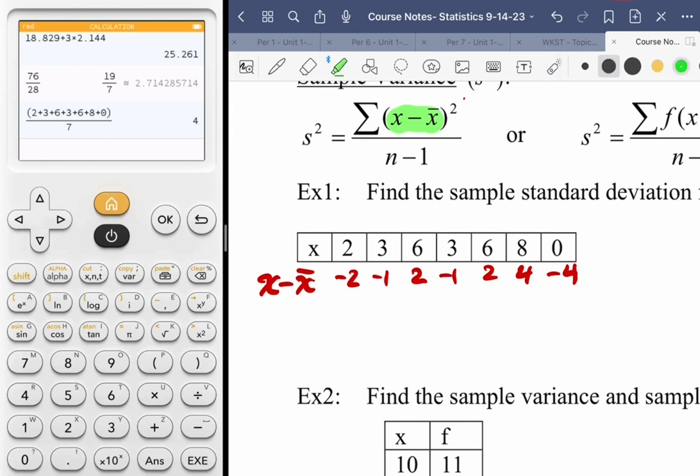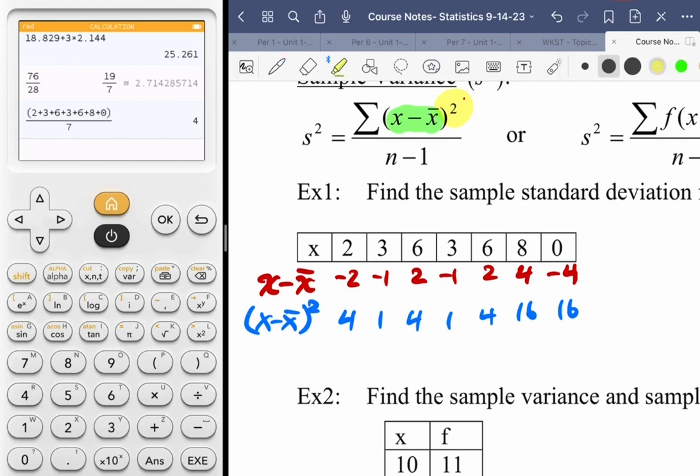Expanding out, we have a power of 2, so I'm going to take these values and raise them to the power of 2. That gives me a 4, a 1, a 4, a 1, a 4, and a couple of 16s.